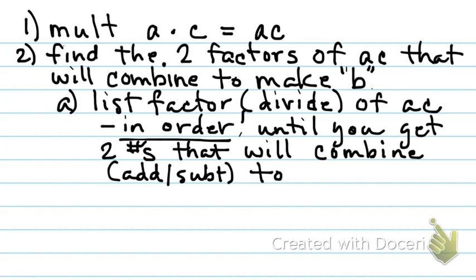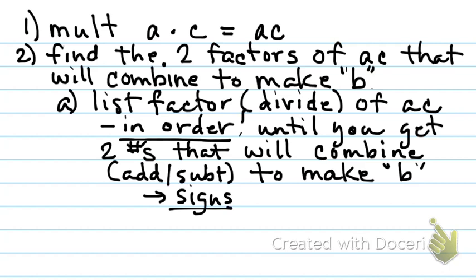Subtract. To make your B. Now, when you're doing that, the biggest mistakes students make are the signs. Remember, they can only add together if the signs are the same, right? And they can only subtract if the signs are different.